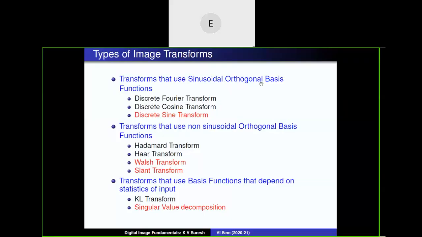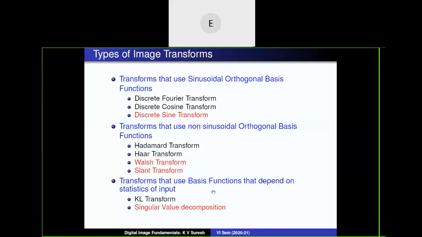If I don't use sinusoidal basis functions, I use non-sinusoidal basis functions, then that is a different category. There are many under that called Hadamard transform, Haar transform, Walsh and slant. Here we are going to discuss the first two, Hadamard and Haar. The rest we are not going to study in this course.